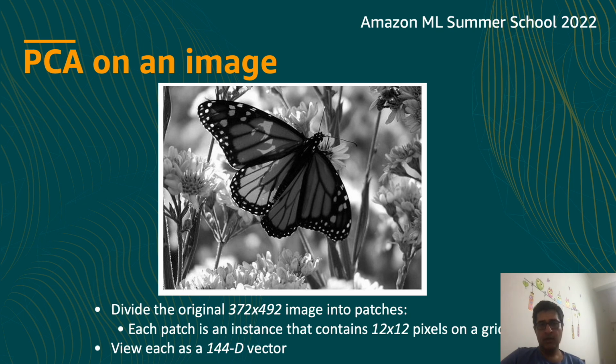So any portion of the image gets divided into a 12 by 12 box. And then you think about that 12 by 12 box as a 144 dimensional vector.